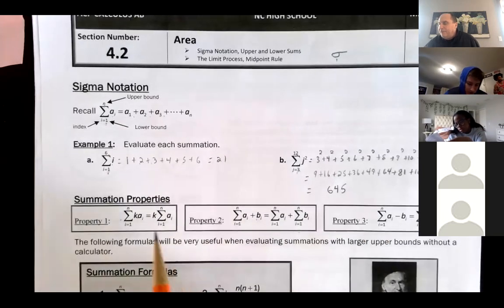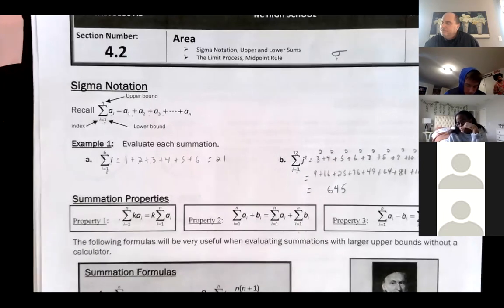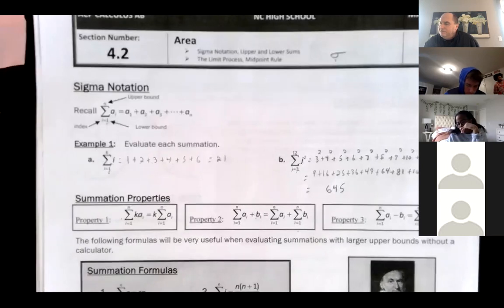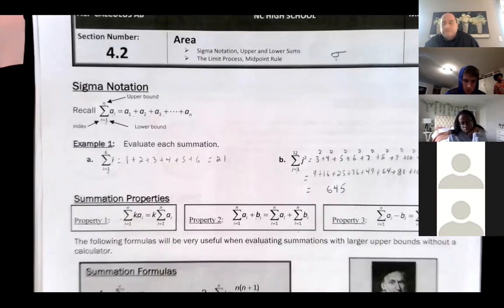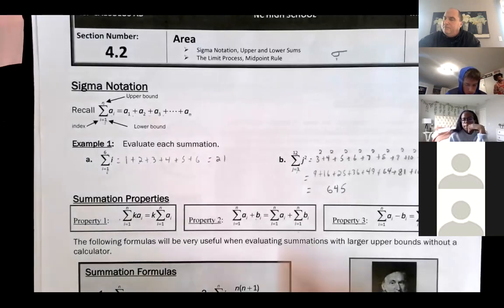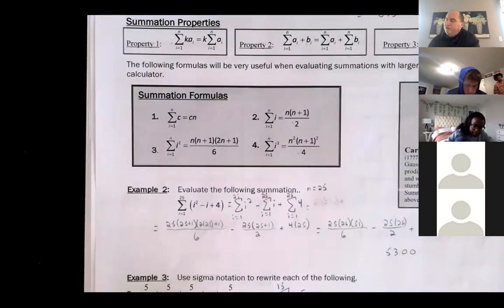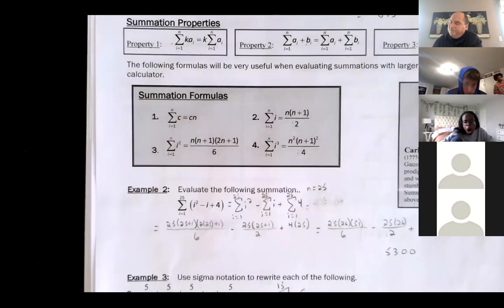So these three properties are properties you've seen in other contexts before. Okay. And here are those summation formulas. And where we're going to head in this section, these are going to be very useful.